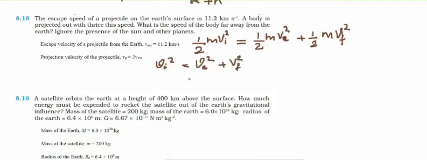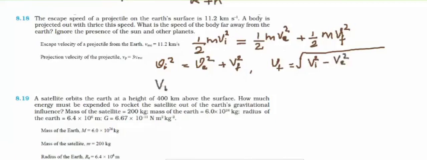Now the relation between vi and ve is given there. So we need to calculate vf. Vf is equal to under root vi square minus v square.